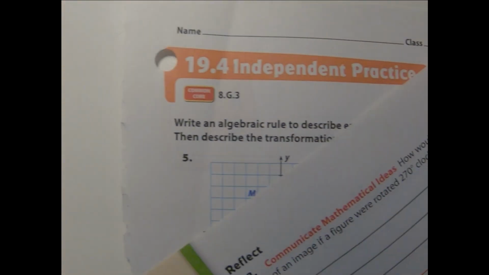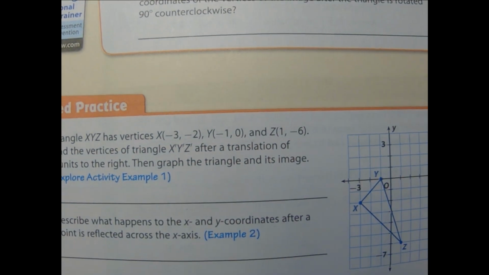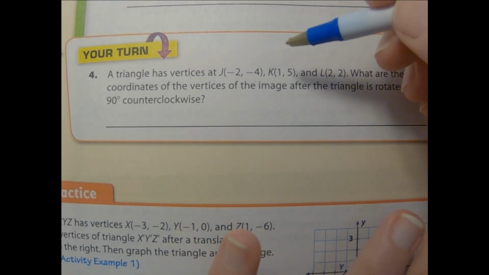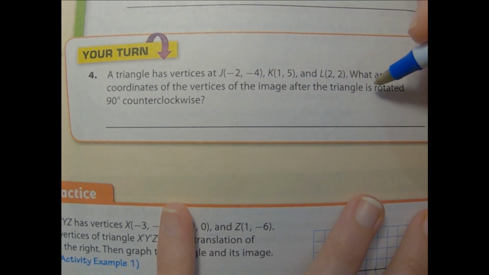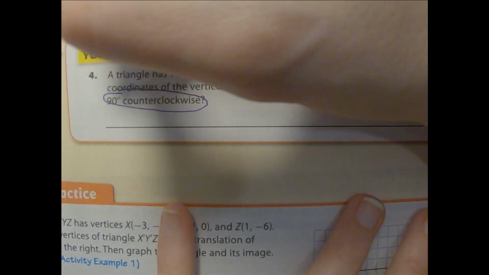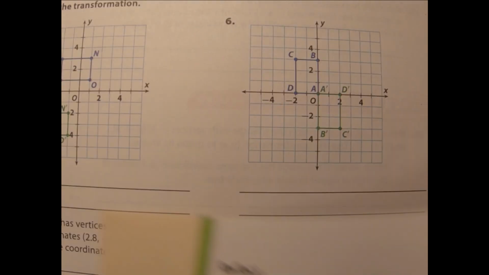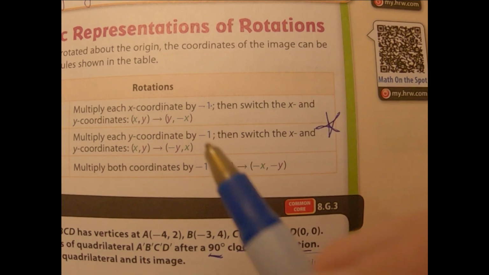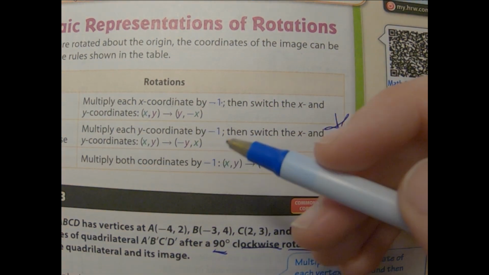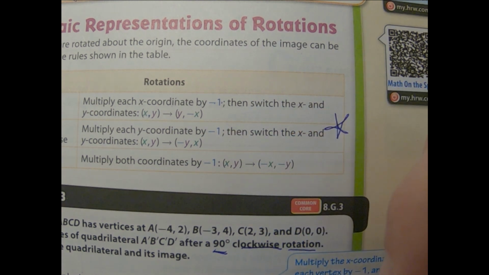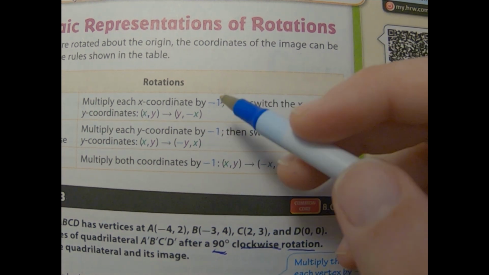So let's put that into use. A triangle has vertices JKL at these points. What are the coordinates of the vertices of the image after a triangle is rotated 90 degrees counterclockwise? Let's go back. 90 degrees counterclockwise tells me each y coordinate has to be multiplied by -1, and then switch x and y.